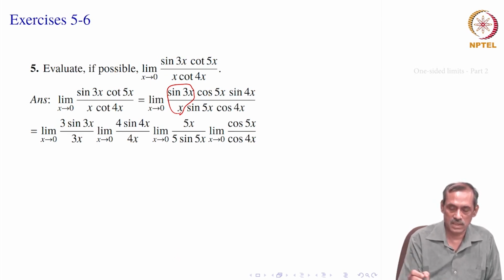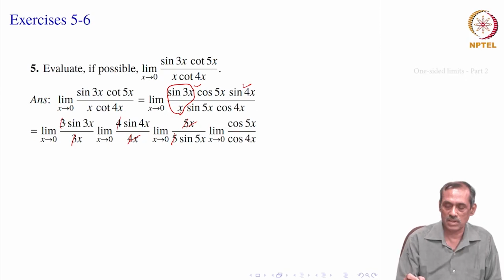Now you can see it is the same as the earlier expression: 3, 4 and 5 get cancelled, and x gets cancelled. On the top we read sin 3x sin 4x, on the bottom x times sin 5x, and the remaining is cos 5x by cos 4x.